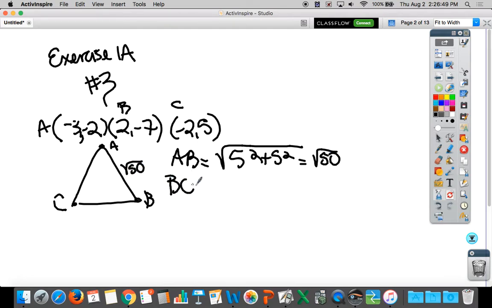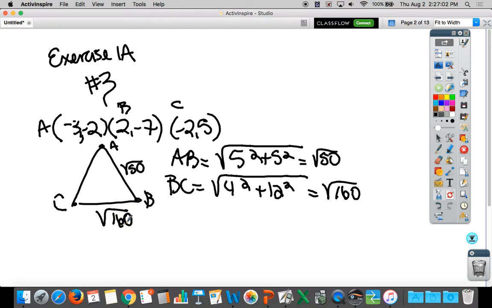From B to C, that's 4 squared and 12 squared. So that's the square root of 160. And then C to A, -2 to -3, there's your 1 squared.